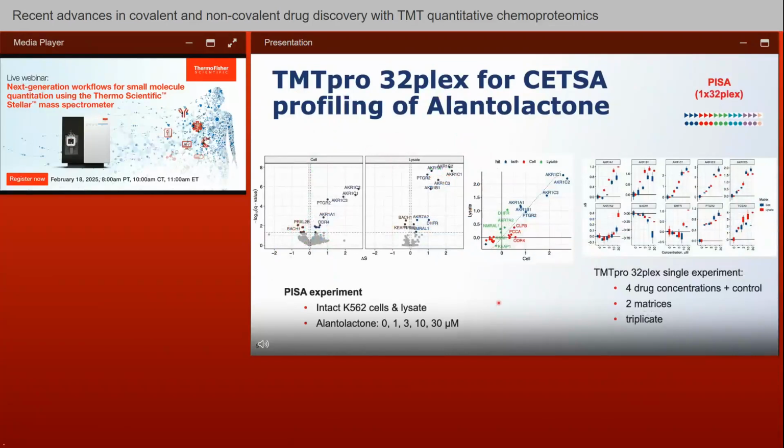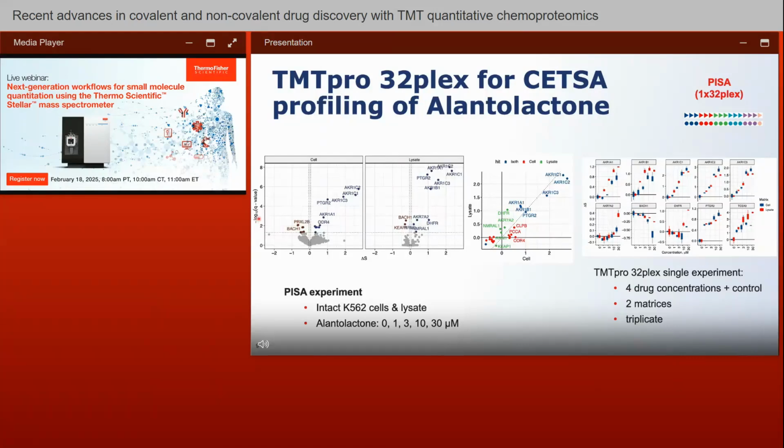If we look at the results of the first experiment, when we use the PISA approach and profile the compound in intact and lysed cells with 4 different concentrations, we can see that a number of proteins were detected with compound-induced change in thermal stability.